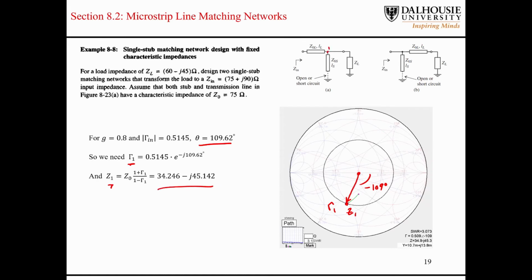Z1 represents the load impedance transformed by a stub. This impedance, Z1, represents the impedance that would be required to give us a reflection coefficient that sits on the same VSWR circle as our input reflection coefficient. Okay, so this is where we're at so far.